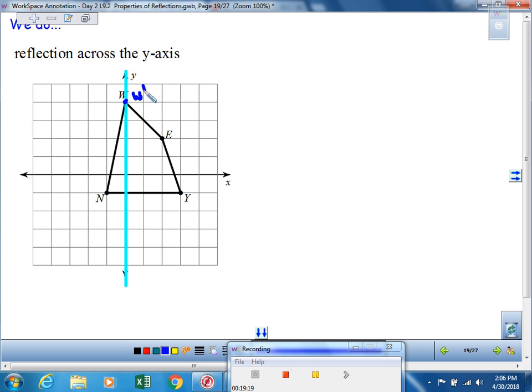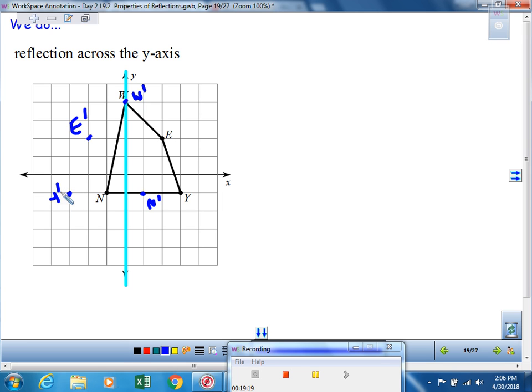Now you're going to be going over in both directions. So if it's on the right, you put it on the left. If it's on the left, you put it on the right. So you still count 2, E prime. This is 1 away, N prime, 1, 2, 3, 1, 2, 3, Y prime.